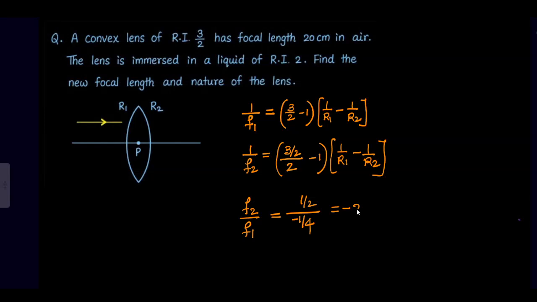So that means this is minus 2. Now f2 is equal to minus 2 times f1. f1 is given as 20, which gives minus 20 centimeters. Right.